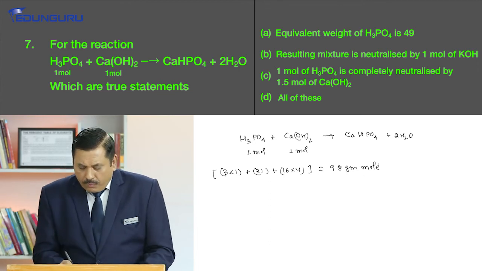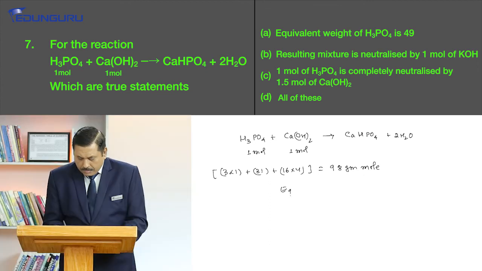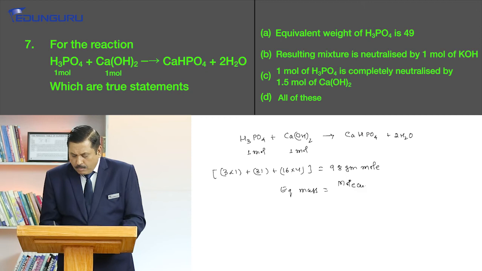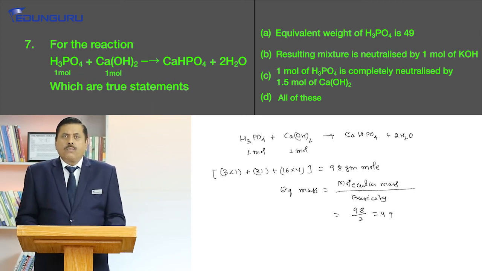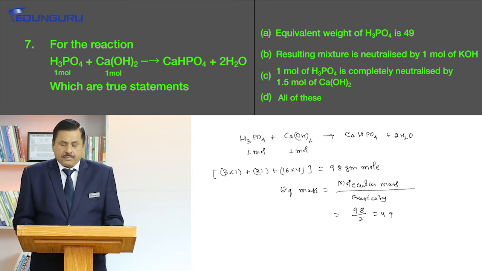And therefore, equivalent mass is molecular mass upon basicity, and this is equal to 98 upon 2, that is 49. So, option A is correct.